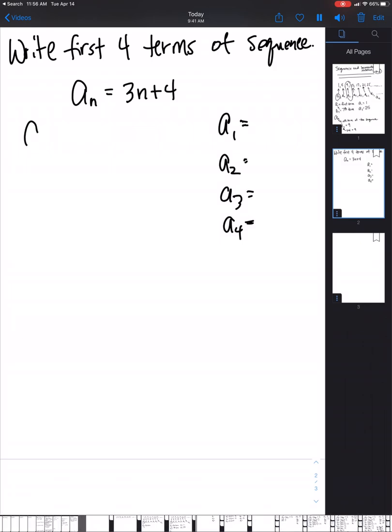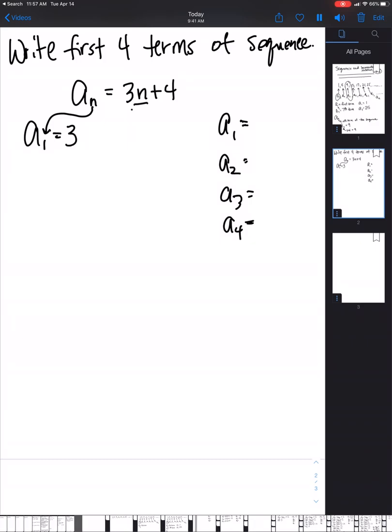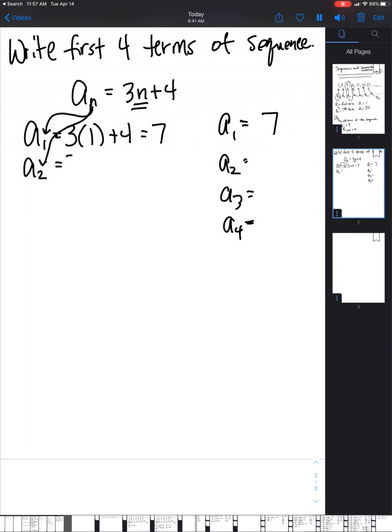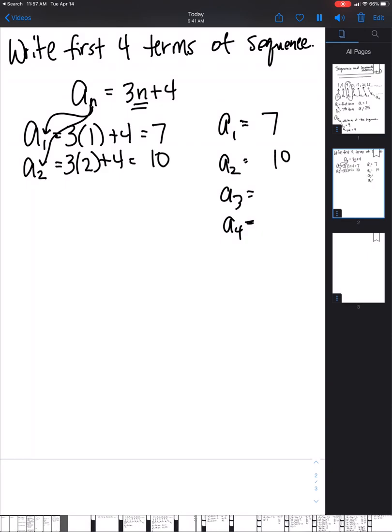If I want to find A1, then N is 1. So 3 times N, which is 1, so 3 times 1 plus 4. 3 plus 4 is 7. So my value for A1 is 7. Then A2: N is 2, so 3 times 2 plus 4, that's 6 plus 4, which is 10.